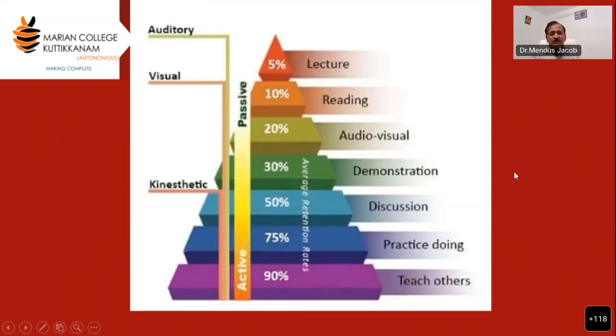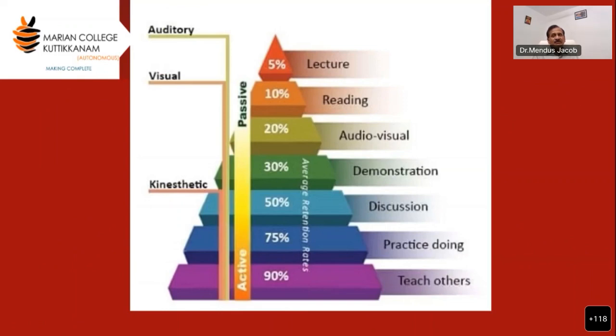I think as teachers, all of you have come across this pyramid. You can see how active learning and passive learning happen. Only 5% of the learning happens through lectures.